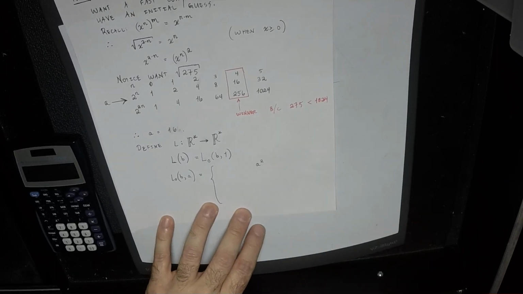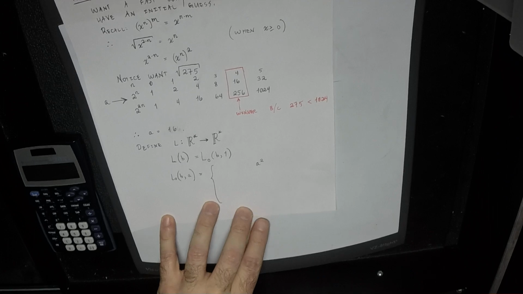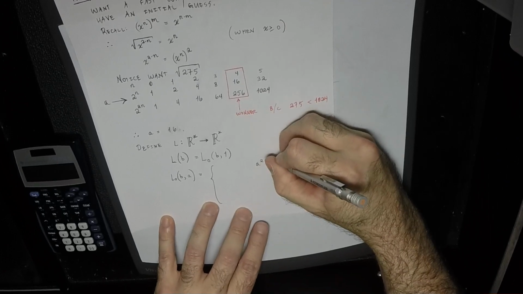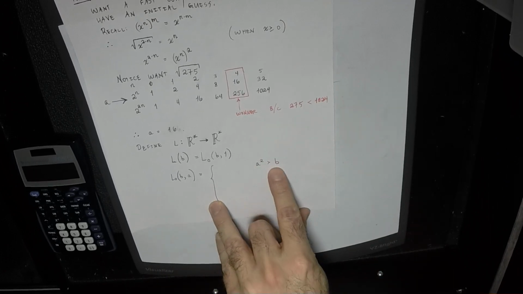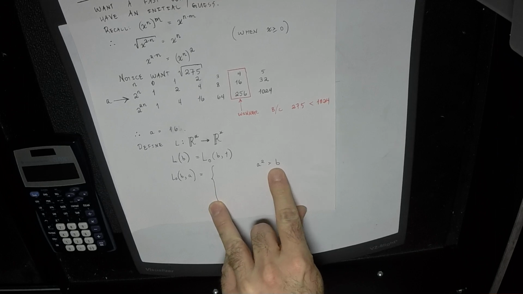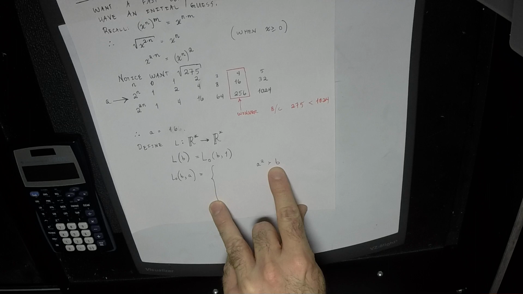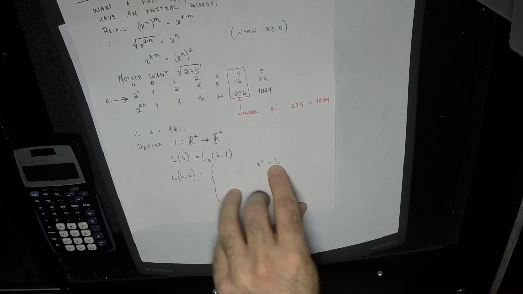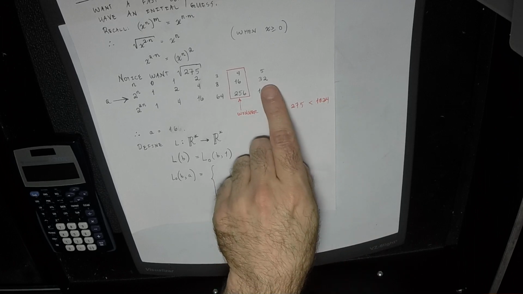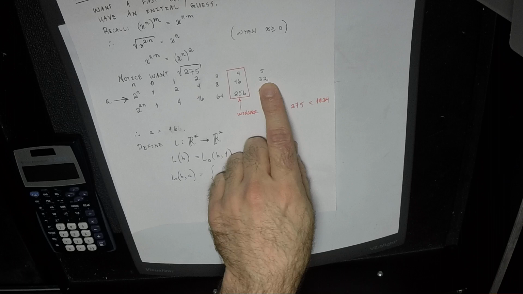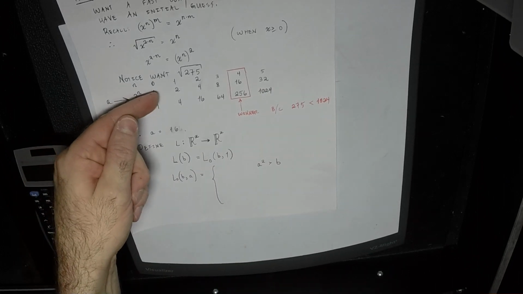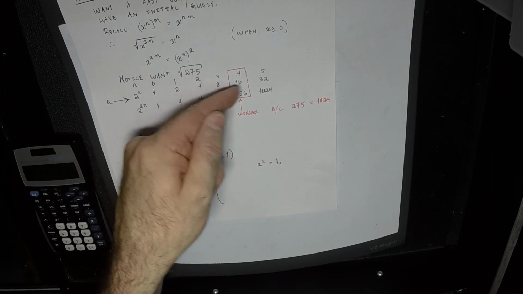So what do we need to say? If A squared is greater than B, then we hit the wall. We went too far, so what's the answer? It's not A. A is this sequence of numbers: 1, 2, 4, 8, 16.